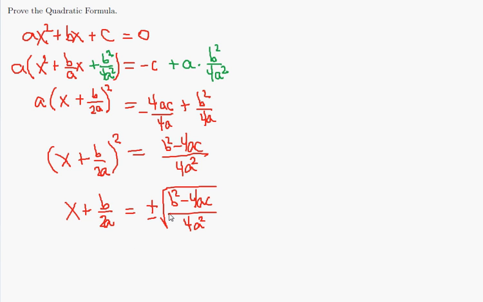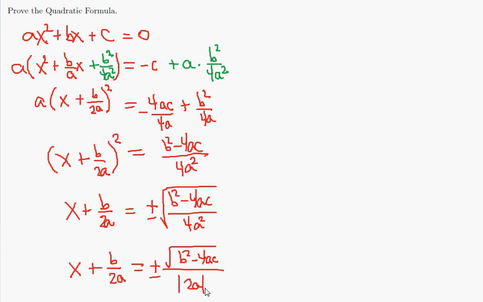Okay, so now we need to take the square roots here. We can simplify this as x plus b over 2a is equal to plus or minus, well, the top would be square root of b squared minus 4ac. And on the bottom, the square root of 4a squared is not 2a, it is the absolute value of 2a, because if a is negative, the square root of 4a squared would be negative 2a.